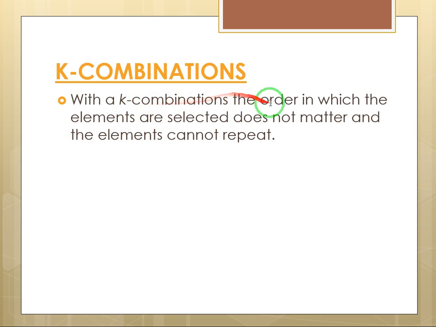With a K combination, the order in which the elements are selected doesn't matter. Order doesn't matter, but repetition does matter. We can select the elements from anywhere, but we cannot repeat an element, same as a permutation. But in a permutation there was an order, and here order doesn't matter.